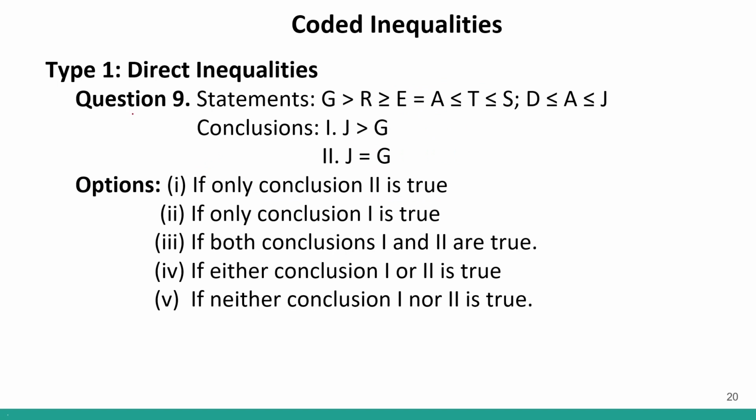Now, moving on to question number 9. Question number 9, statement and conclusions, and we have to identify again which conclusions are true. So the first conclusion says J is greater than G. So we will move from J to G. Correct?